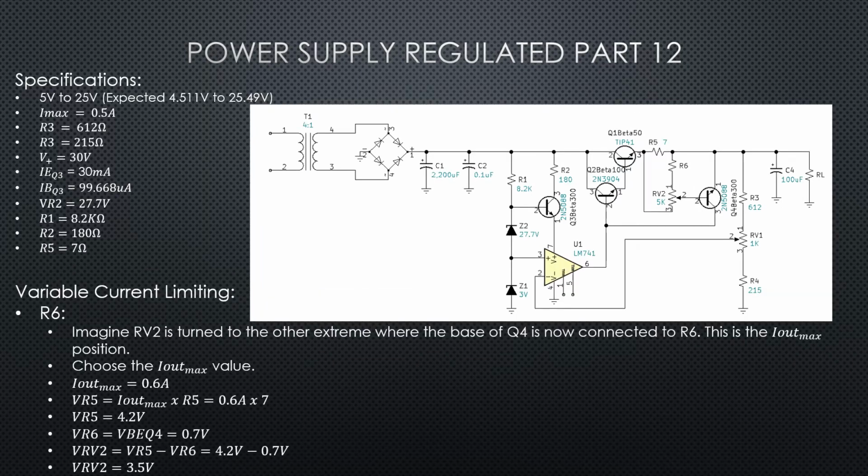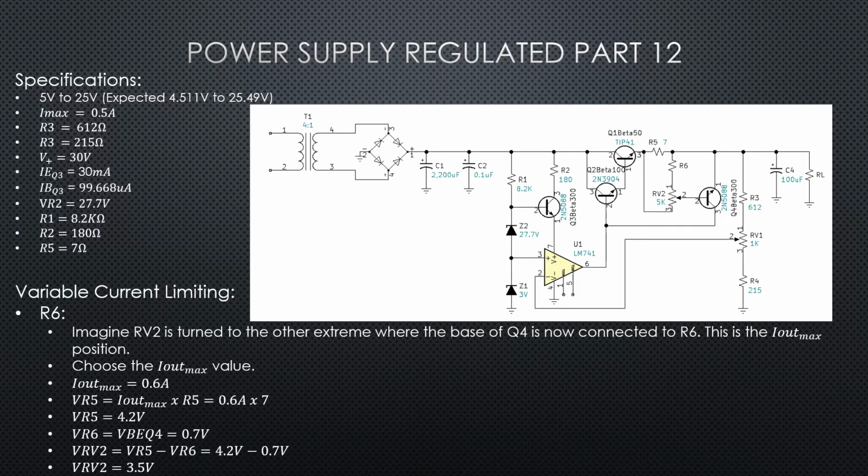Okay, now that we've defined our minimum range and found our R5 value of 7 ohms, we want to imagine that we're going to turn RV2, the 5K potentiometer, all the way to the position where the base of Q4 is connected electrically to R6.